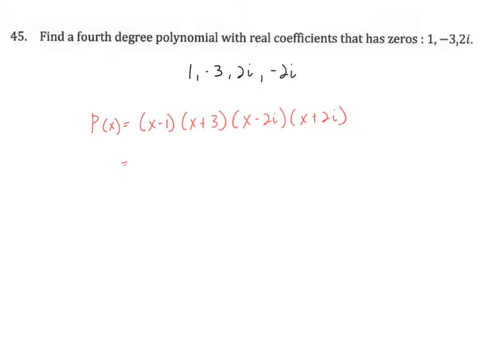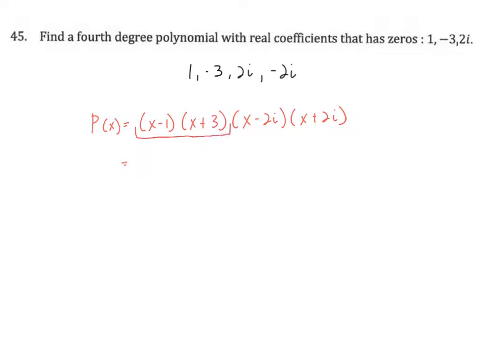Okay, best way to do this is if you have a complex number and its conjugate, I would FOIL these first. We could maybe FOIL these and then these in the same step. So let's do that. So we'll FOIL these first.